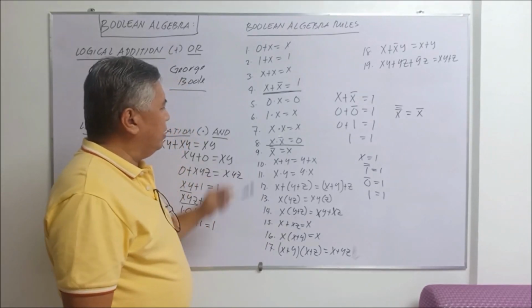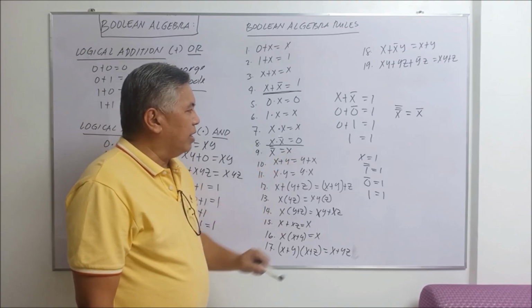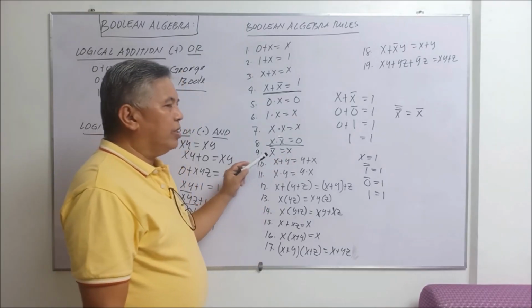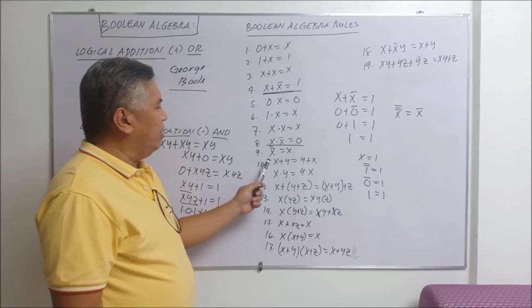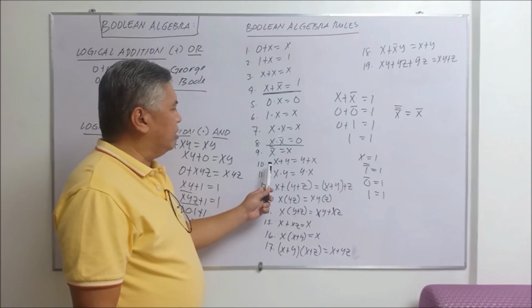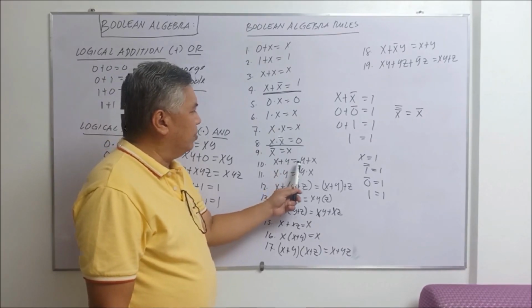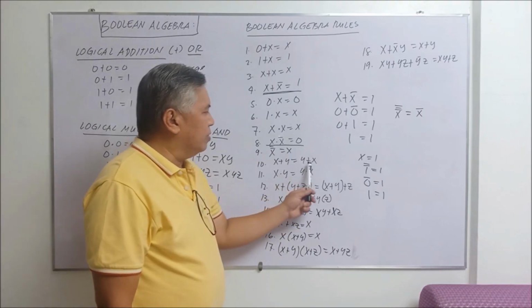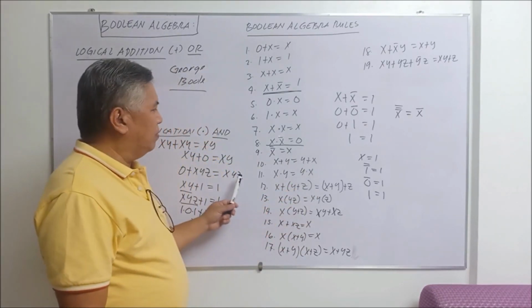Then rule number 10, x plus y is equal to y plus x. That is commutative law of addition, right? So, for example, x is equal to 1 and y is equal to 0. So you have 1 plus 0 is equal to 0 plus 1. You have 1 is equal to 1. That is, again, commutative law of addition.